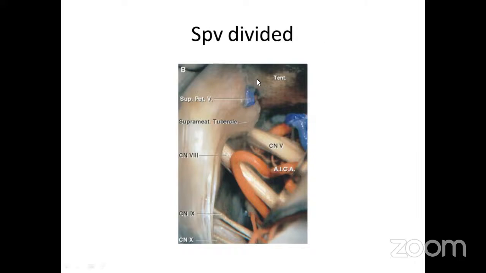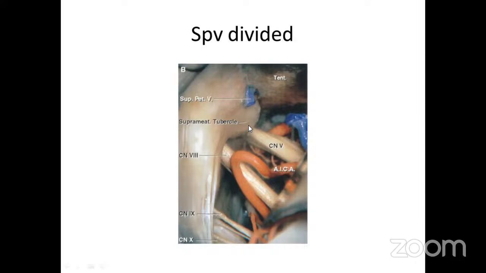So this is the posterior surface of the temporal bone, and here posteriorly we have the brain stem, and from there the nerve and neurovascular complexes go in one direction or another. So this is the suprameatal tubercle that forms the superior lateral portion of the internal acoustic meatus. So if we want to extend our retrosigmoid approach more towards the posterior fossa, we have to drill this tubercle.